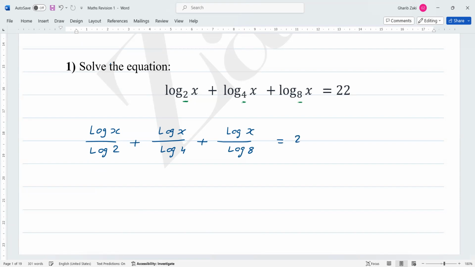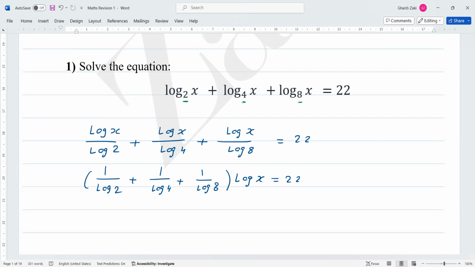This equals 22. We take log x as a common factor. When we take log x as a common factor, it becomes 1 over log 2 plus 1 over log 4 plus 1 over log 8. All of this equals 22. Now use the calculator to get the bracket.